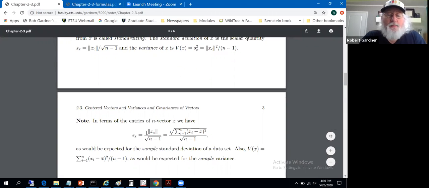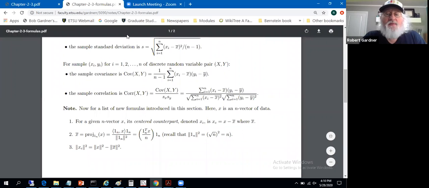So if we look at the components of this, square them, take a square root, that's how you calculate norms, we get this formula here. So standard deviation would be x1 minus x bar squared plus x2 minus x bar squared plus, and so forth. All right, that's the standard deviation. Let's take a peek at the formula that we had for standard deviation.